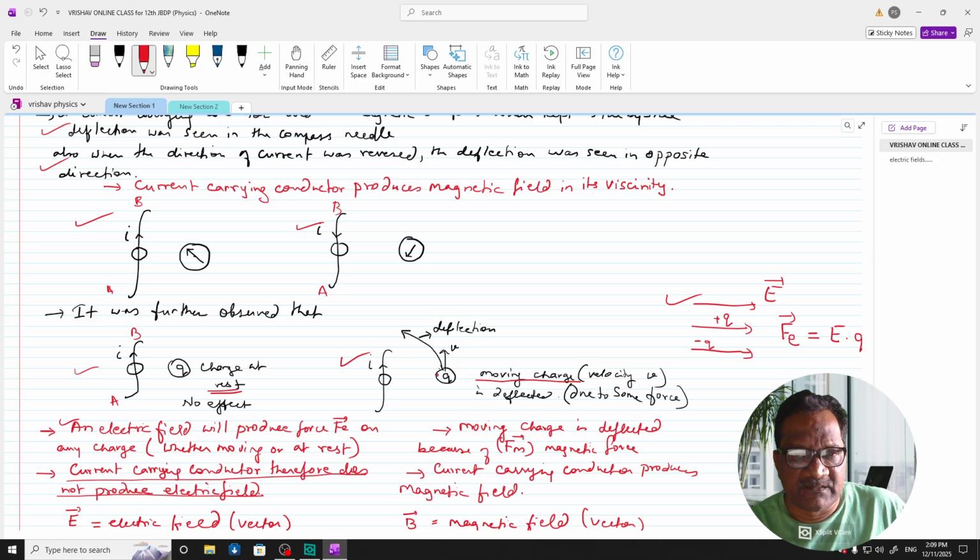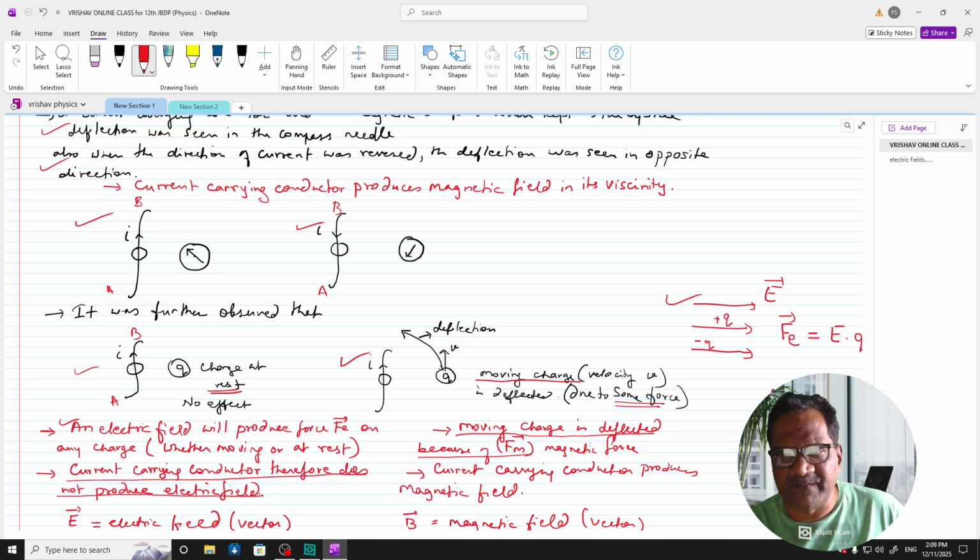Now this deflection indicates that there is some force acting on this moving charge. Because there is some force acting on it, there must be some field created over here. So we conclude that a moving charge is deflected because of some force Fm.